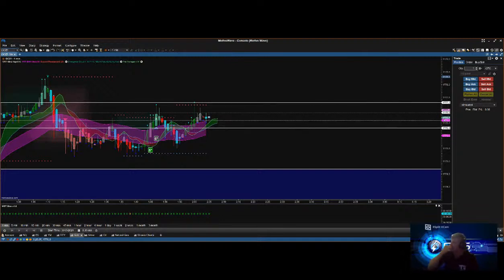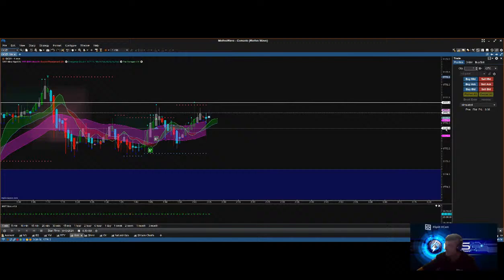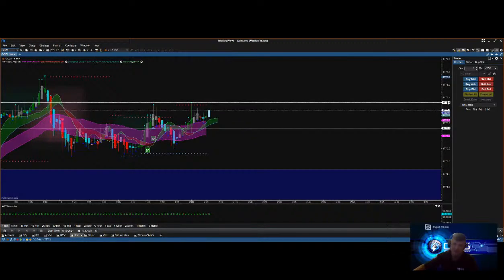That's just a one full solid point range, 76.3 to 77.3. Just one full point, right? So it's worth about $100 per one contract.